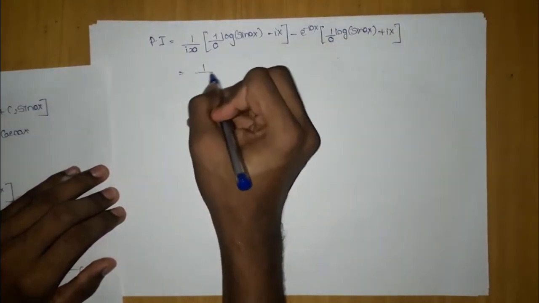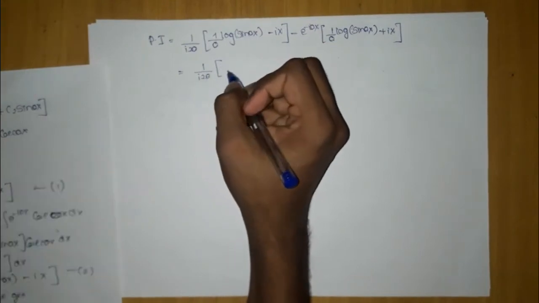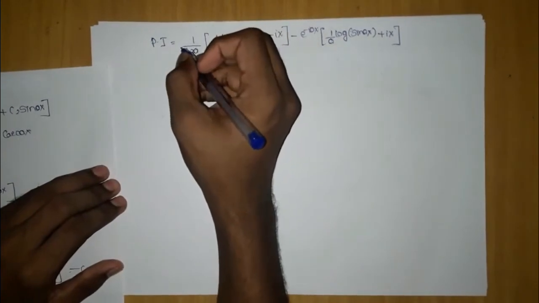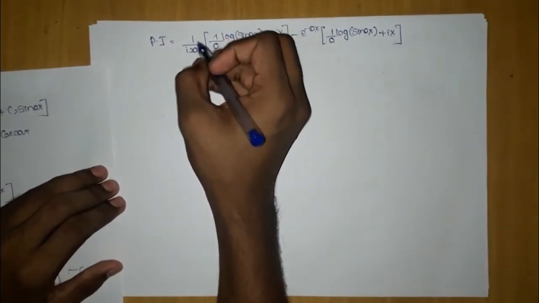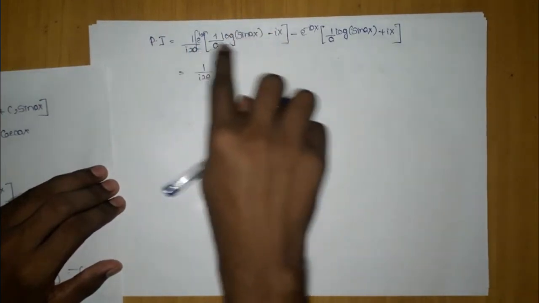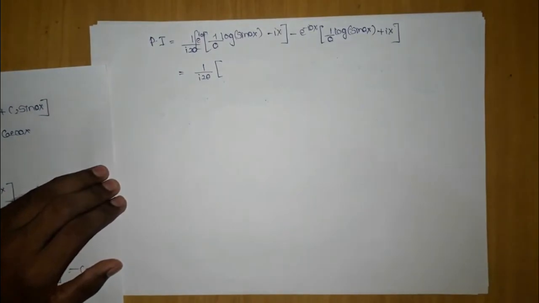Here we forgot to write e to the power ix. Okay, I forgot to write that. So here now we can take this thing common in both of them and get our answer.